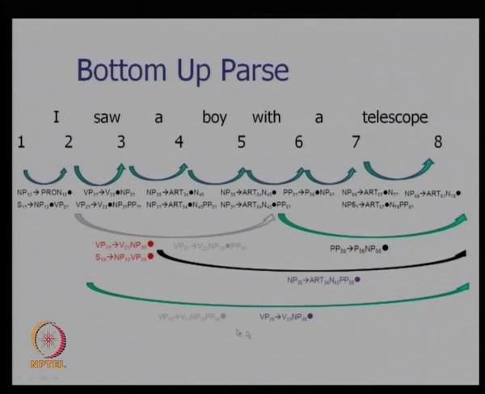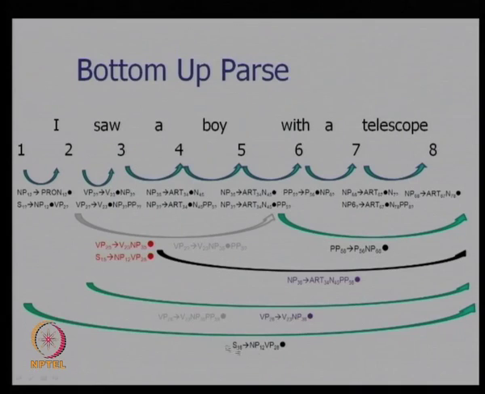Okay. But it will be finished in two ways. One is a verb between 2 and 3 and a noun phrase between 3 and 8, or a verb phrase which is composed of verb between 2 and 3, noun phrase between 3 and 5, a boy, and a preposition phrase from 5 to 8.